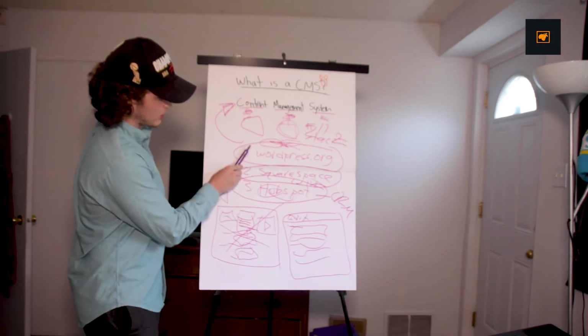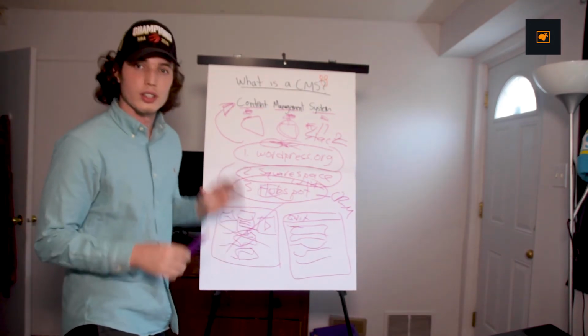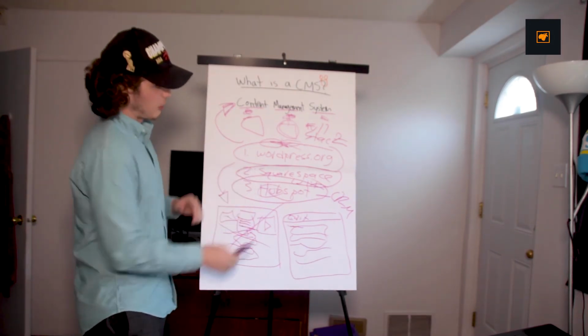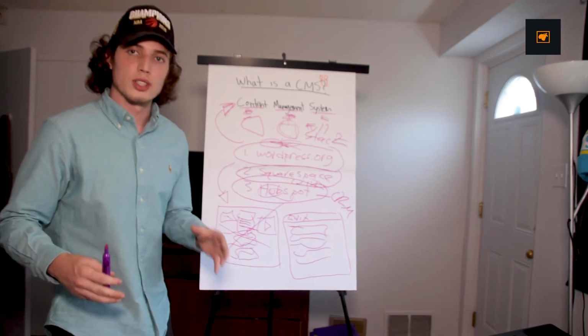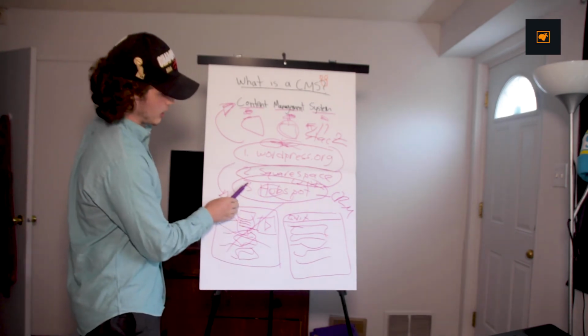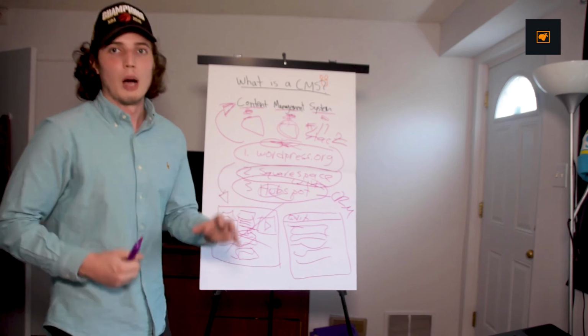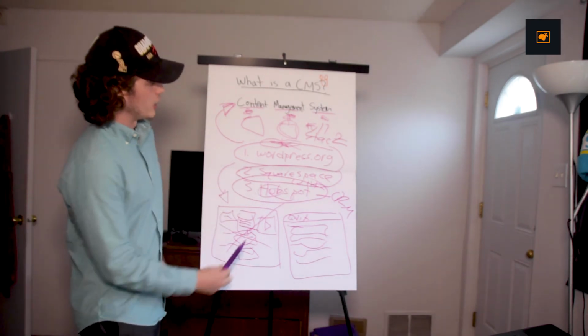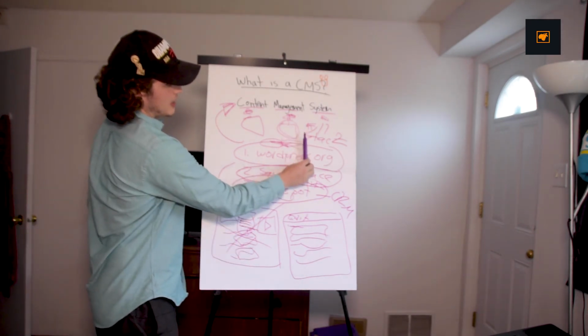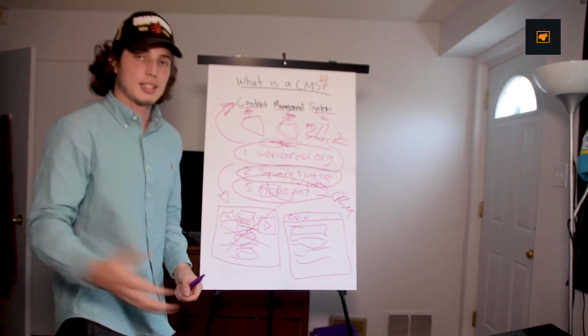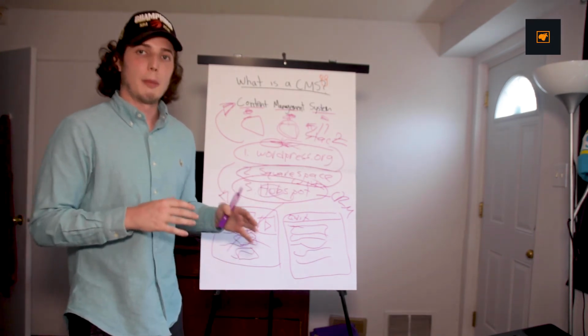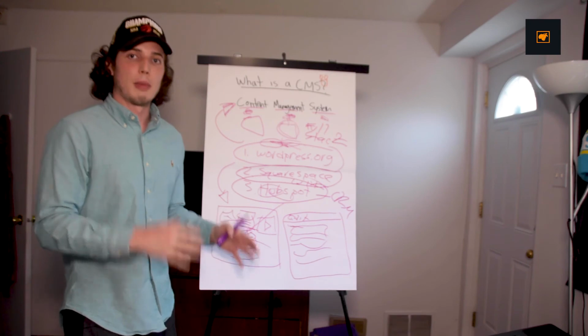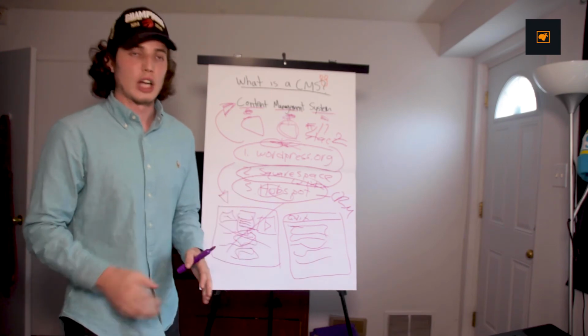We have WordPress.org, which is more for developers. You have Squarespace or Wix, which is more for do-it-yourself consumers. And then you have HubSpot, which is for a more enterprise level. And then you even have a full stack CMS, which is basically a site completely built from scratch and a content management system built from scratch.